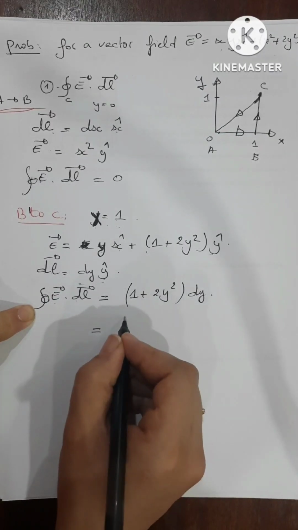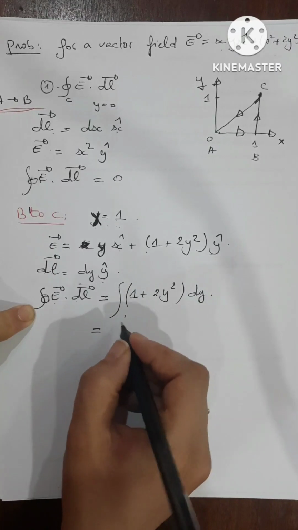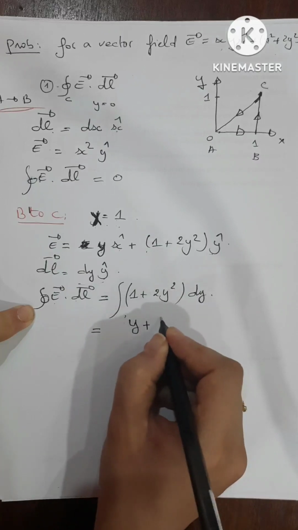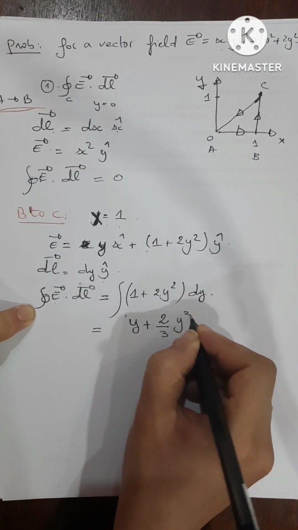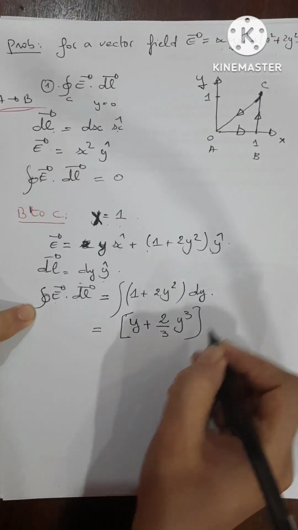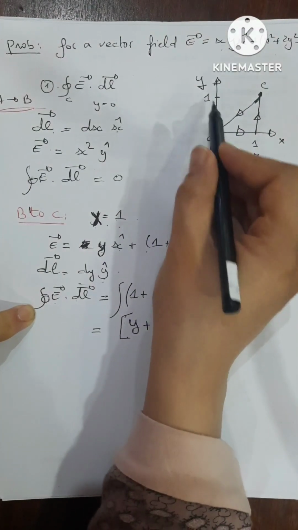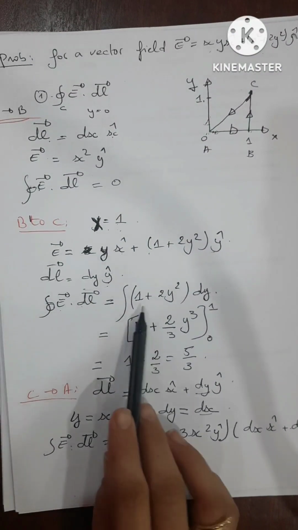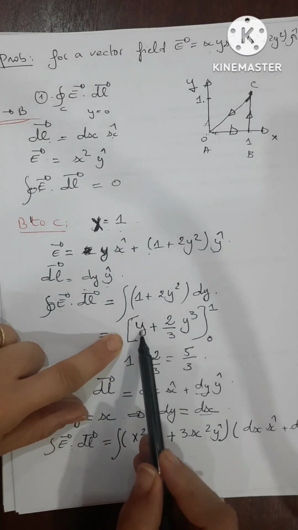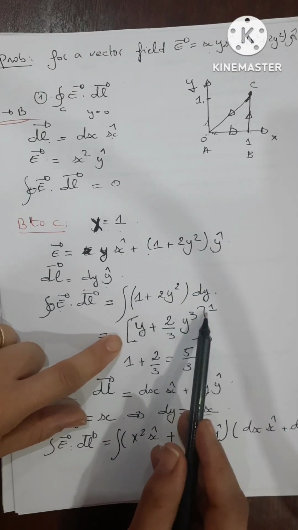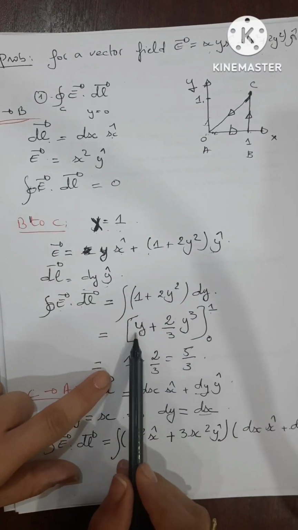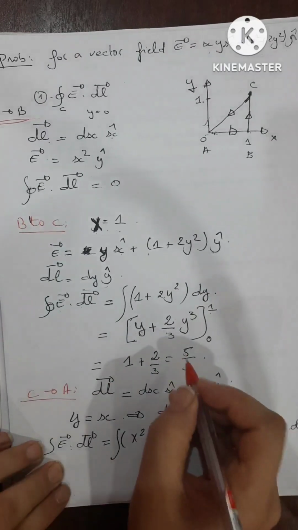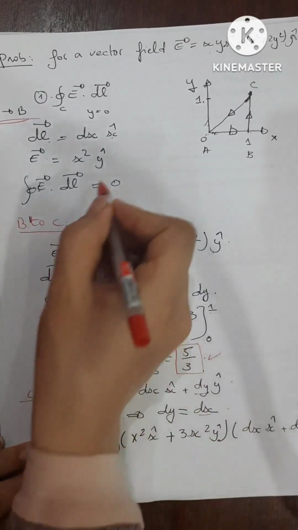Now it's equal to y plus 2 over 3 y cubed, with y varying from 0 to 1. So from 0 to 1 it is 1 plus 2 over 3. We found 5 over 3 as a result. And the first one is 0.